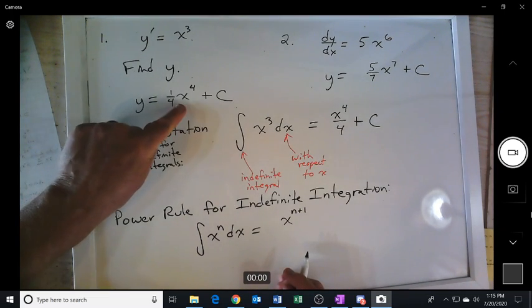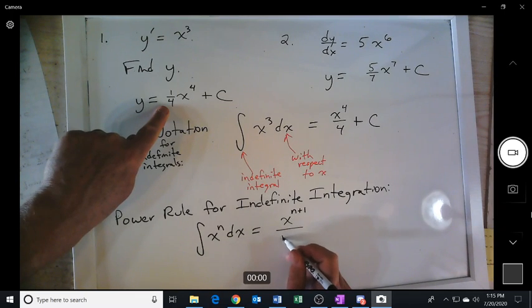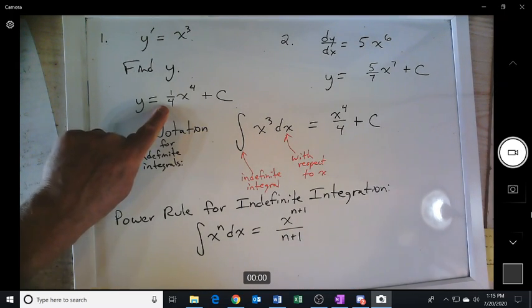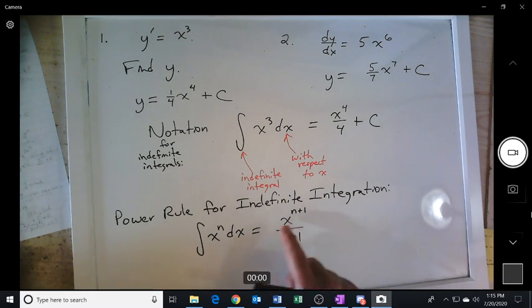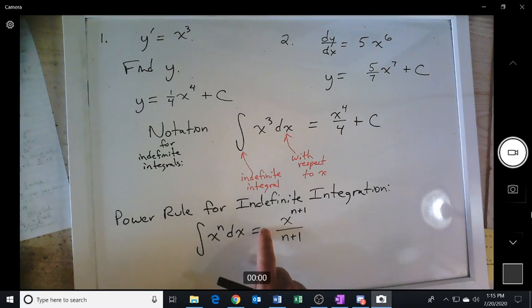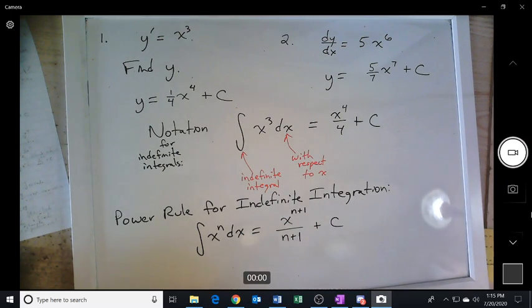But you want to get rid of that n plus 1 right over here. So when you take the derivative of this right-hand side, it should match this one. The n plus 1 will come down and get canceled out by the n plus 1 in the denominator, and then you decrease the exponent by 1, so it'll match, plus a constant. That's the power rule for indefinite integration.